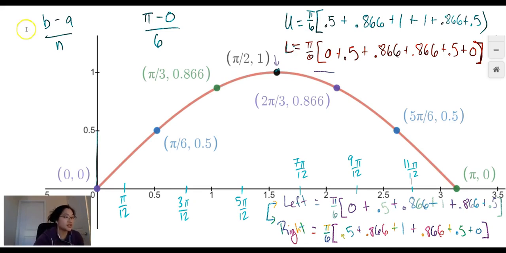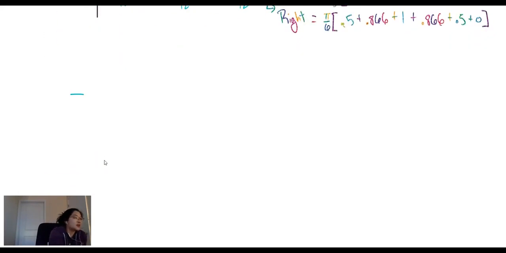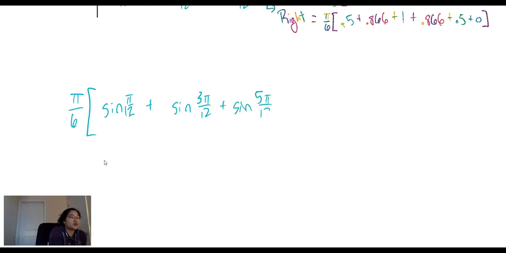I really don't feel like doing that, so we're just going to write it out symbolically. Our partition size is pi over 6, and we're evaluating at sine of pi over 12 plus sine of 3 pi over 12 plus sine of 5 pi over 12 plus sine of 7 pi over 12 plus sine of 9 pi over 12 plus sine of 11 pi over 12.